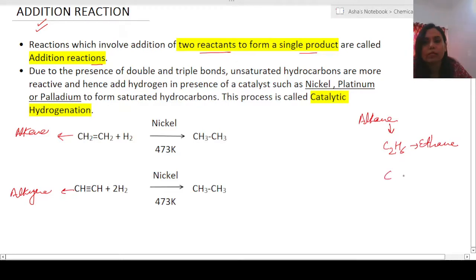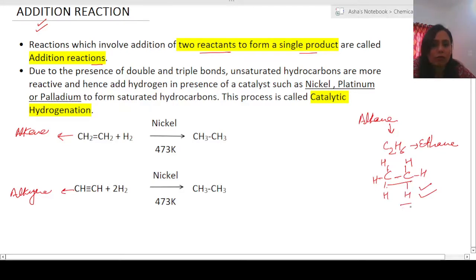Now see, between carbon and carbon there is a single bond, and H around every carbon atom. Remember, around carbon you basically need 4 bonds. So 1, 2, 3, 4 for this carbon, 1, 2, 3, 4. Now see, this is a saturated hydrocarbon, where there is a single bond between carbon and carbon.